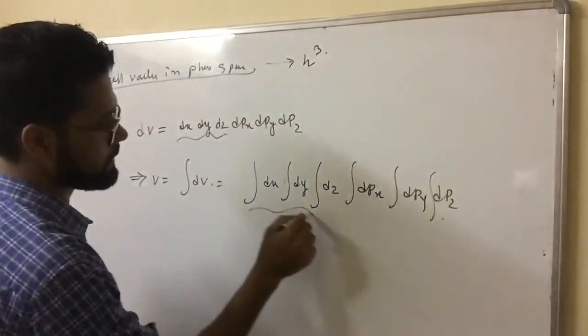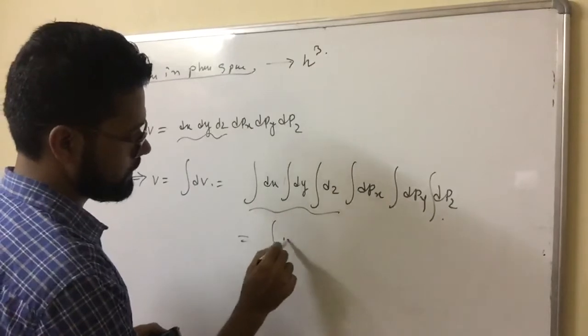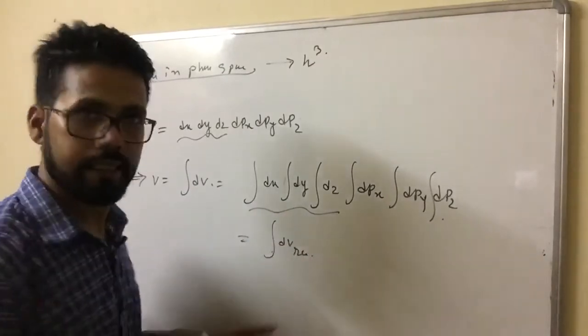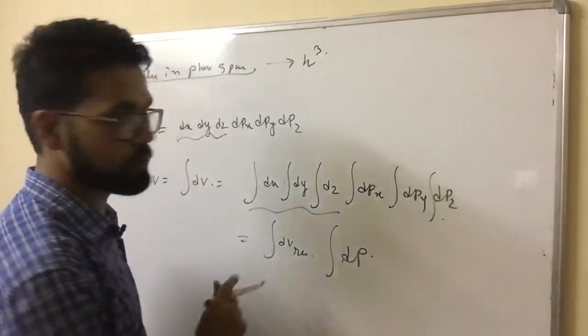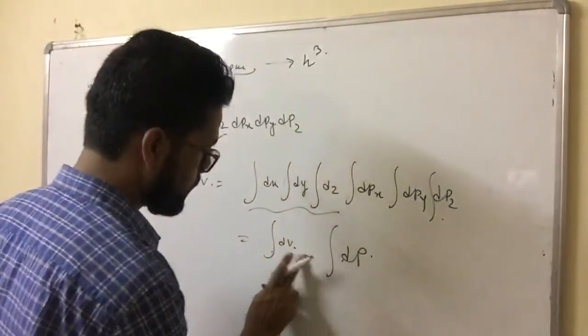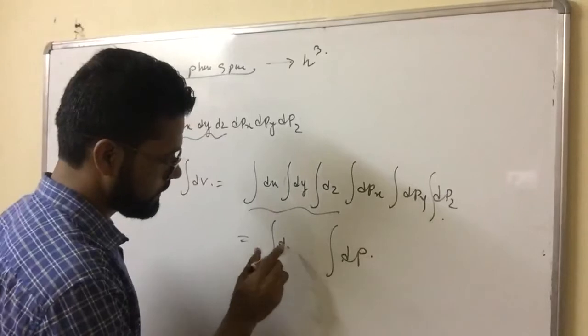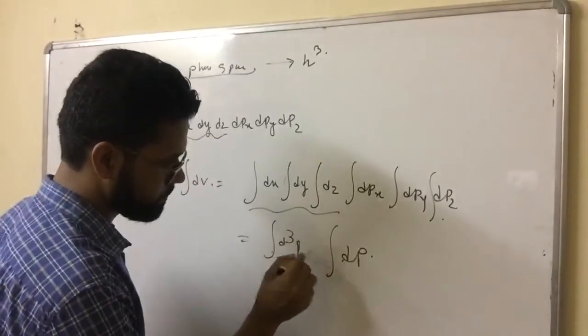This is simply dv in rectangular volume. Correct. And this I can write as dp. I have already told that. Or you can write dq and dp.